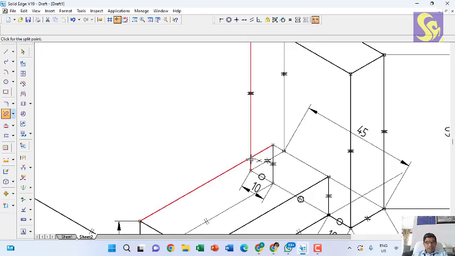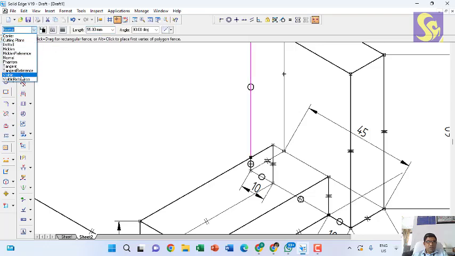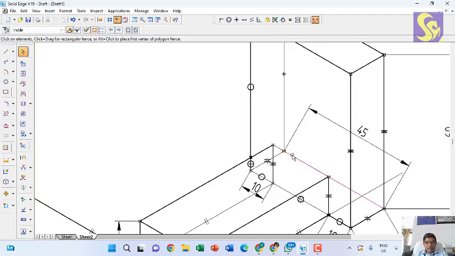Now here this line I need to split, so I'll go for split. I'll split this line at this intersection, and I'll make this line also visible, and I'll draw one line from here to here.